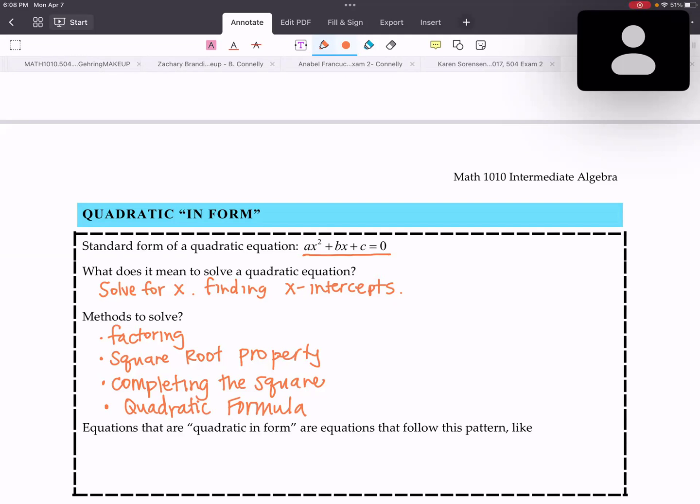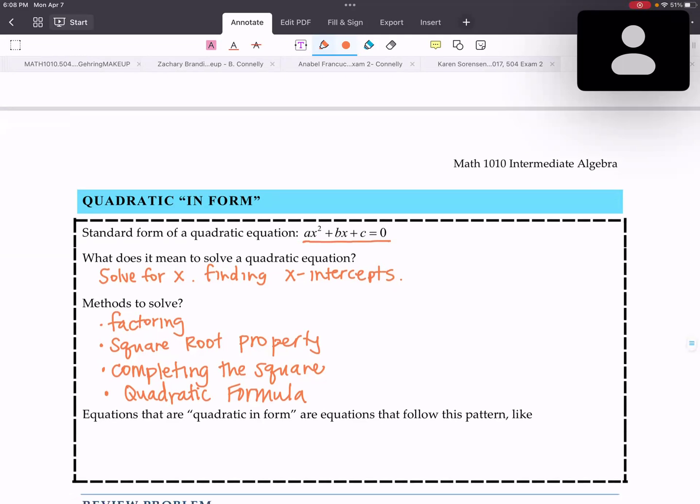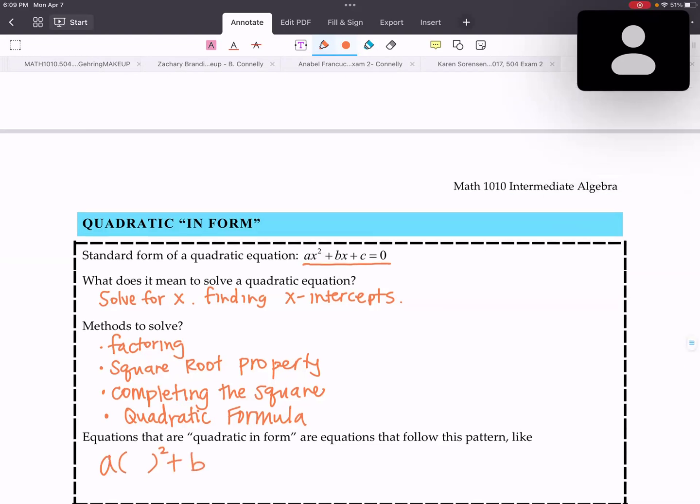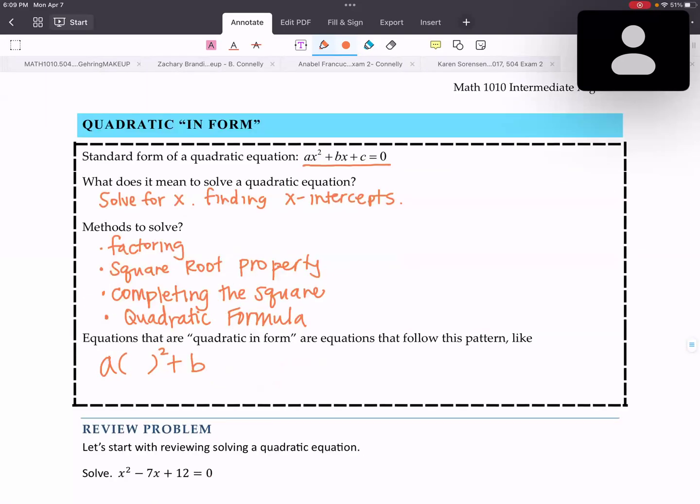All right, so when we're trying to solve equations that are quadratic in form, like we're doing in this section, they follow a pattern that looks like a times something squared plus b times that same something.